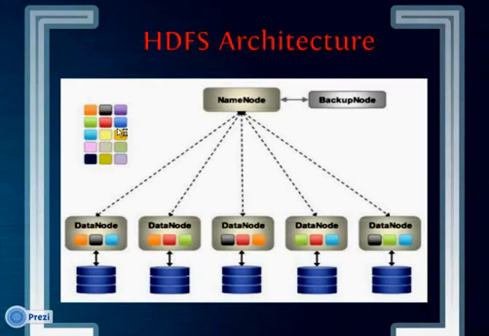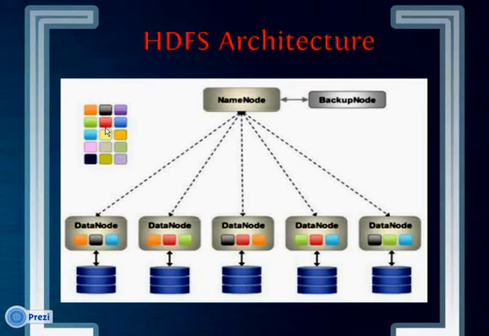Previously it was a very big file, but that big file could not be stored on a single machine. So what Hadoop did is split this big file into smaller parts. Now the big file which could not be stored on a single machine has been split into multiple parts, and these parts can be easily stored on multiple machines.